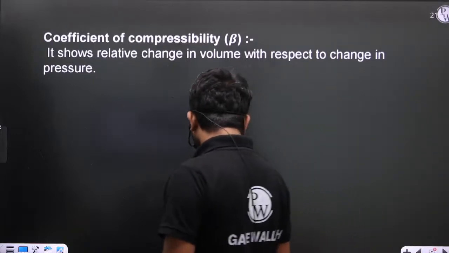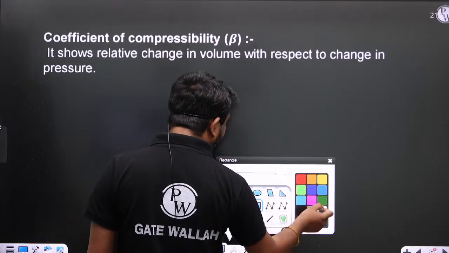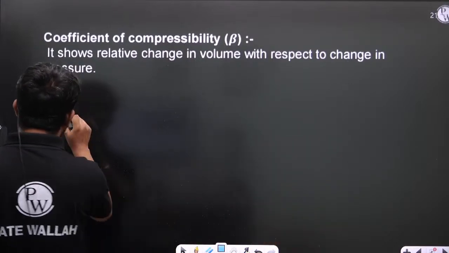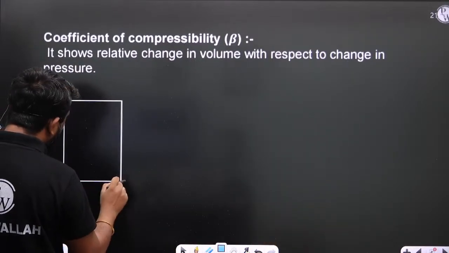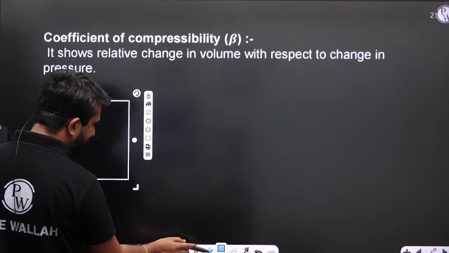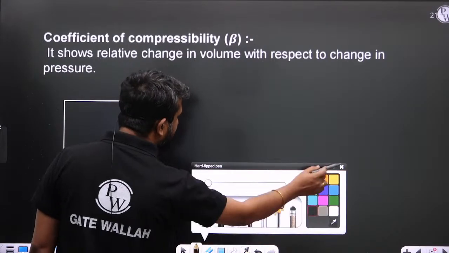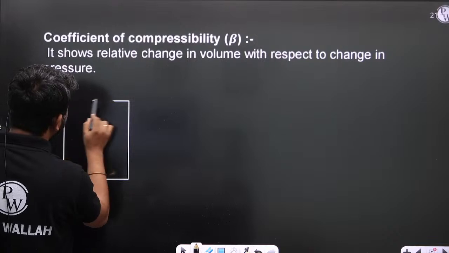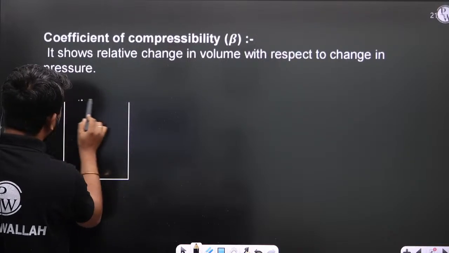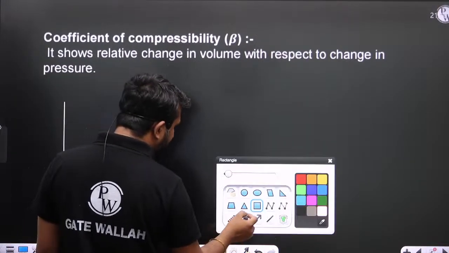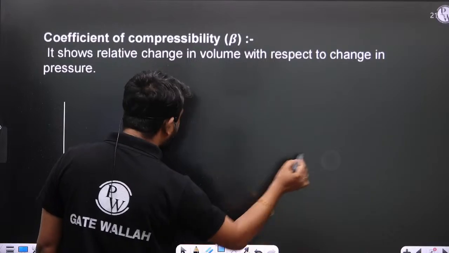For understanding this, let us consider a piston cylinder arrangement like this. This is a cylinder, and in this cylinder there is a piston.